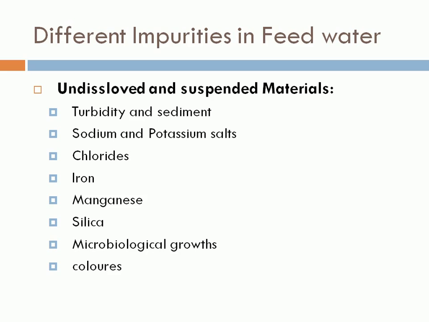So there are undissolved and suspended materials in the feed water like turbidity and sediments, then sodium and potassium salts, chlorides, irons, manganese, silica, microbiological growths, and different colors. So these are the different impurities in the feed water treatments.